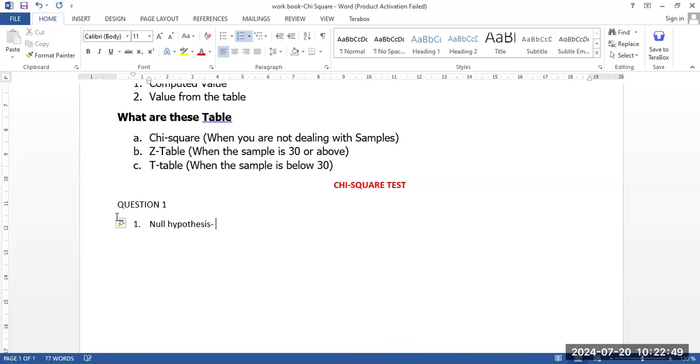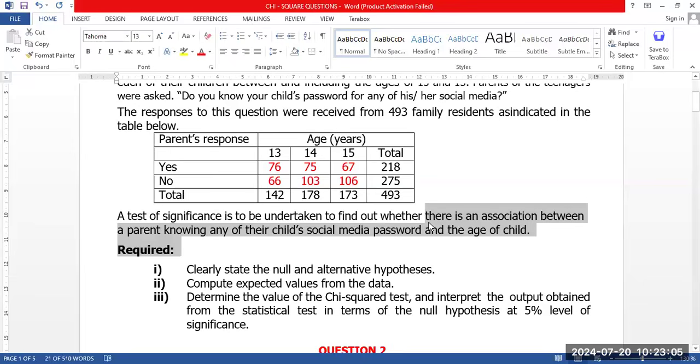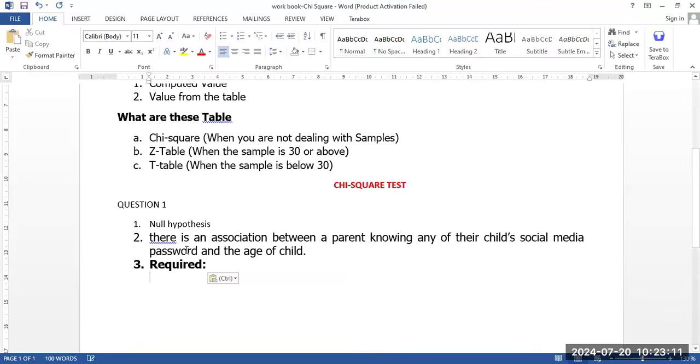And we are told that here the null hypothesis is that there is an association between a parent knowing any of their child's social media password and the age of the child.